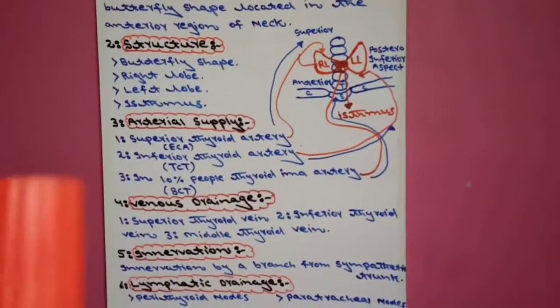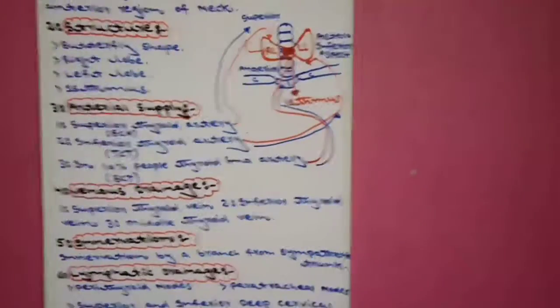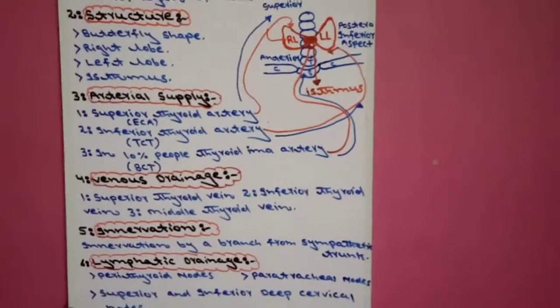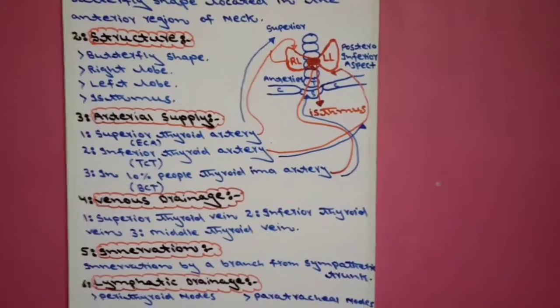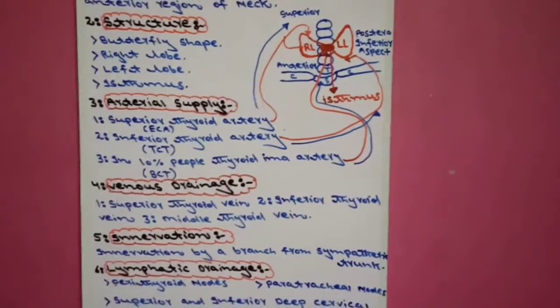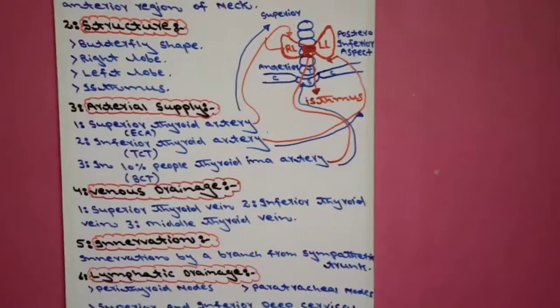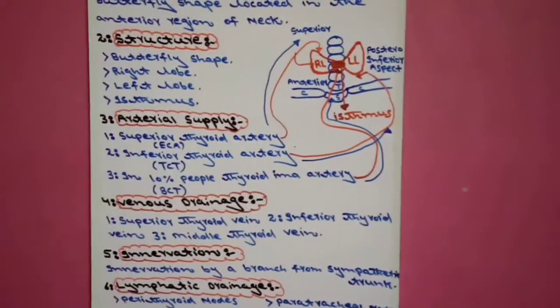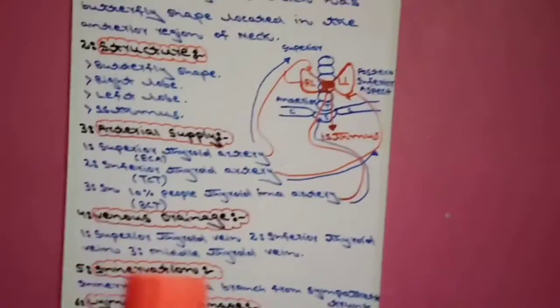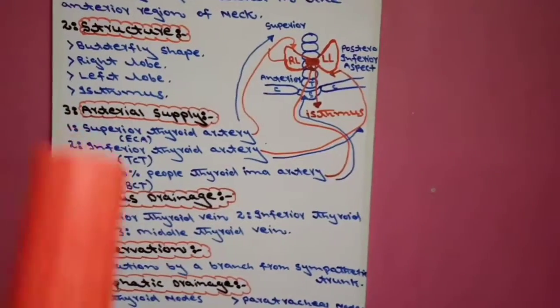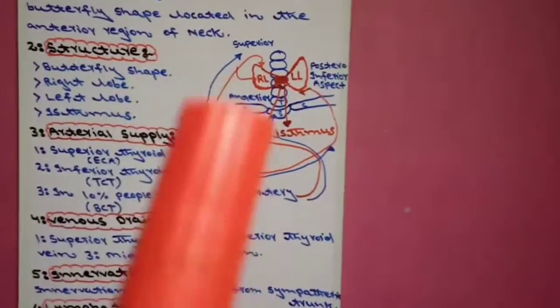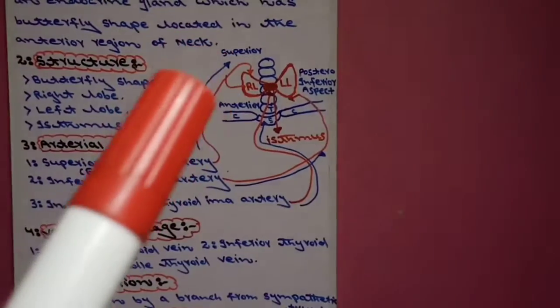Now after arterial supply, come to the venous drainage. In venous drainage, the same-named veins drain the blood from thyroid gland, and the same veins run with the arteries and follow the same path of arteries. Like three arteries, here also three veins. This is superior thyroid vein, which I show in blue.